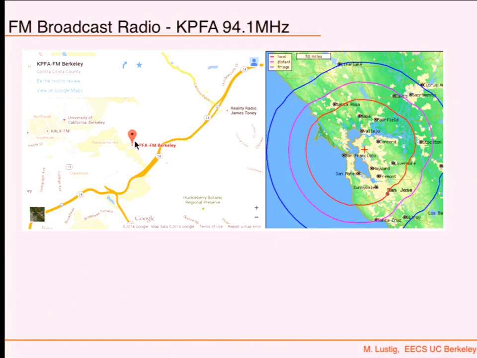It transmits at 59 kilowatts effective radiated power, which probably means that they have about a 6 kilowatt transmitter. So it's pretty intense. So you should get good SNR, even inside a room, though I would say if you're in a basement, not so good.